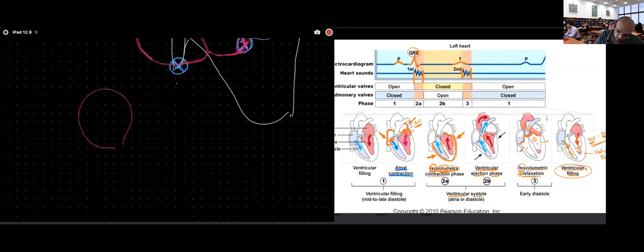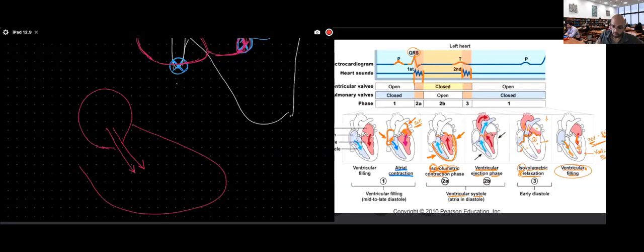Why? You see on here, this is my left ventricle, and this is my left atrium. Do I normally hear the sound of the blood flow? Is it normal to hear the sound of a blood flow?